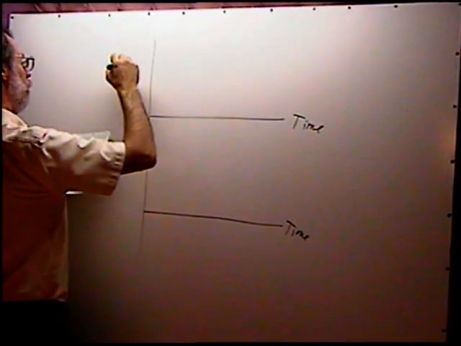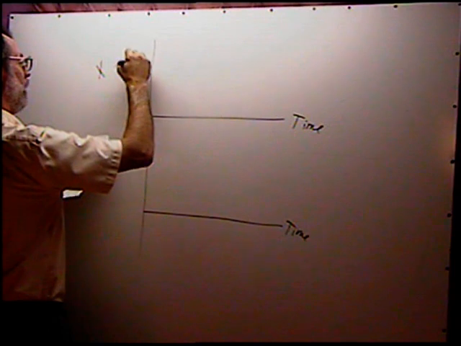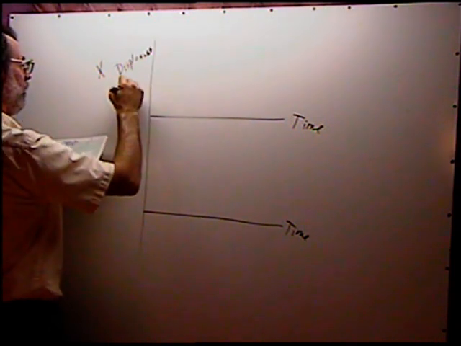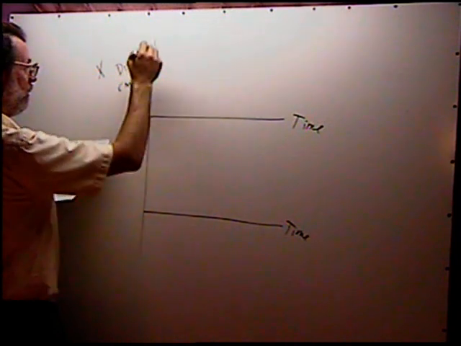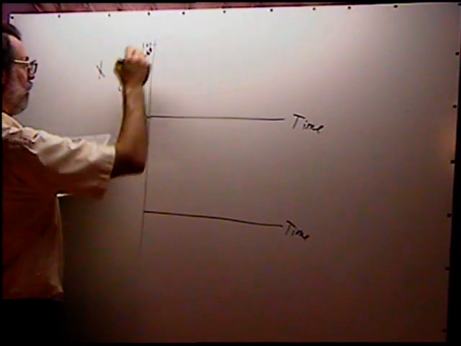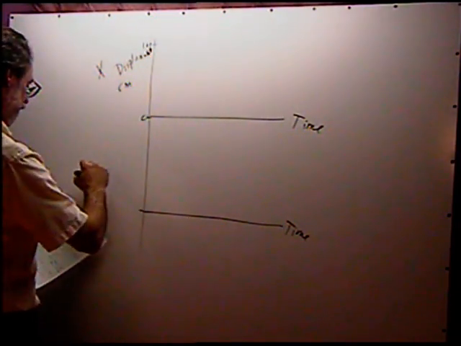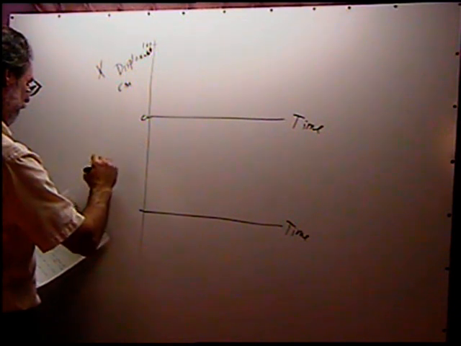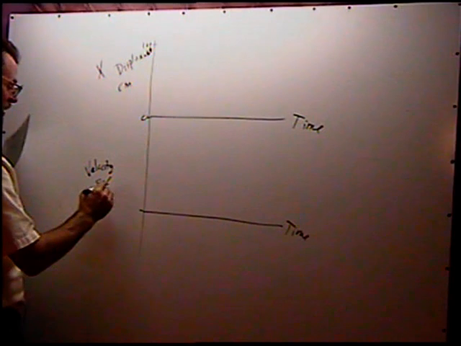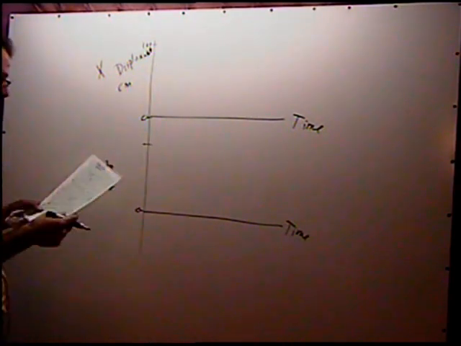The first plot will be displacement, which is x, displacement, in centimeters, from 0 to 100 centimeters. The second graph is velocity, in centimeters per second, from 0 to some number here.